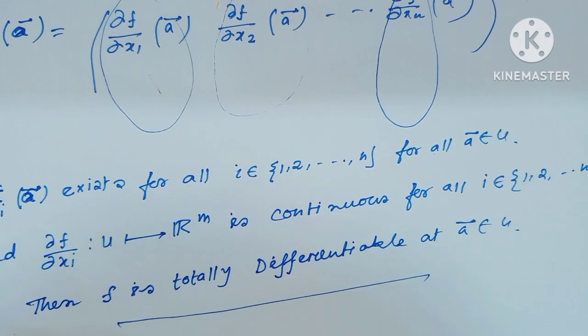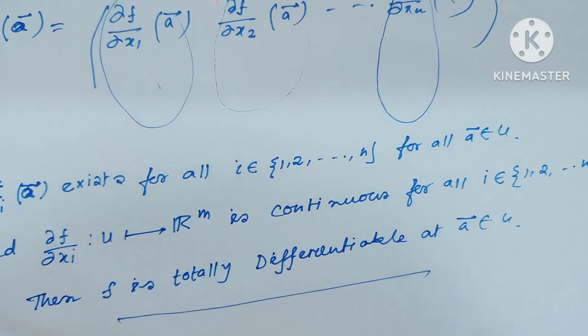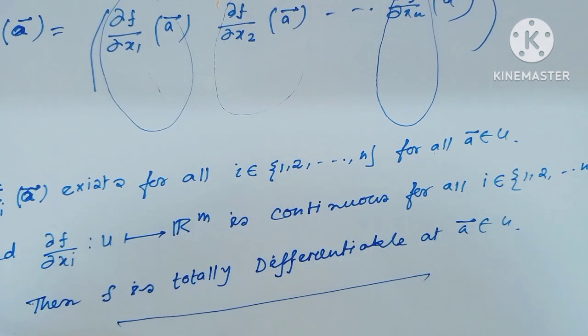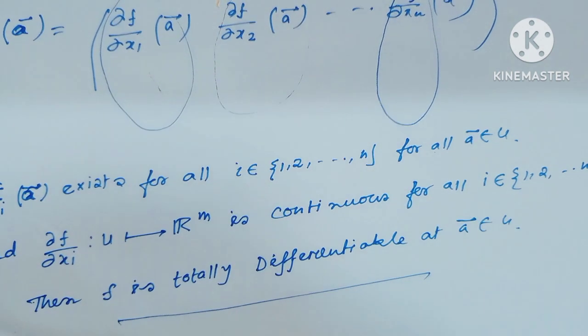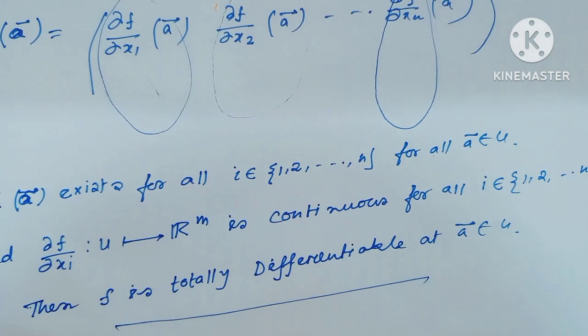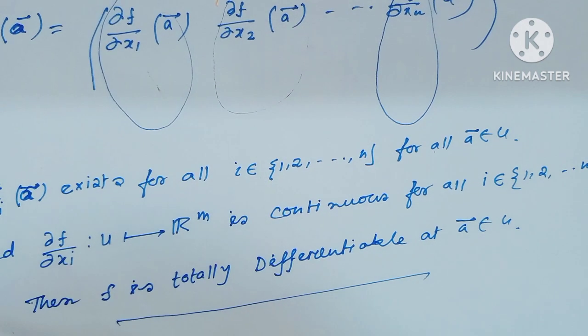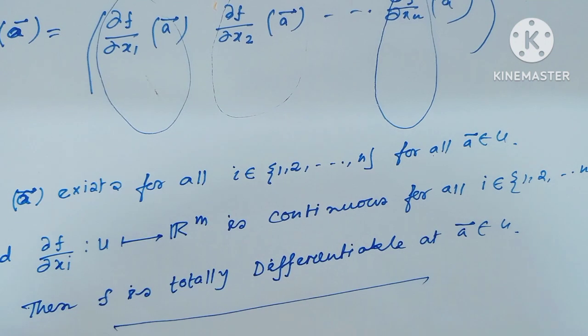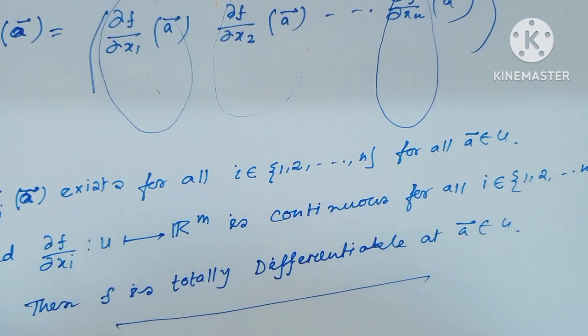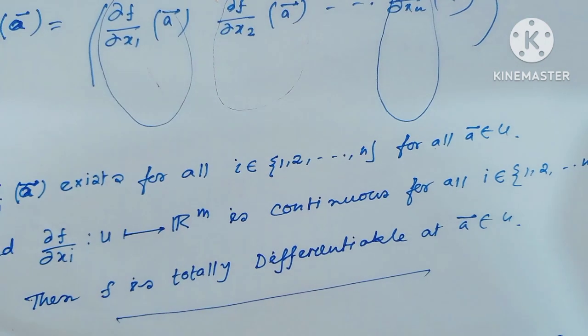That means this is another condition. If all partial derivatives exist component wise and each component of the partial derivative is continuous, then we can say the function is totally differentiable. Let's see one example.